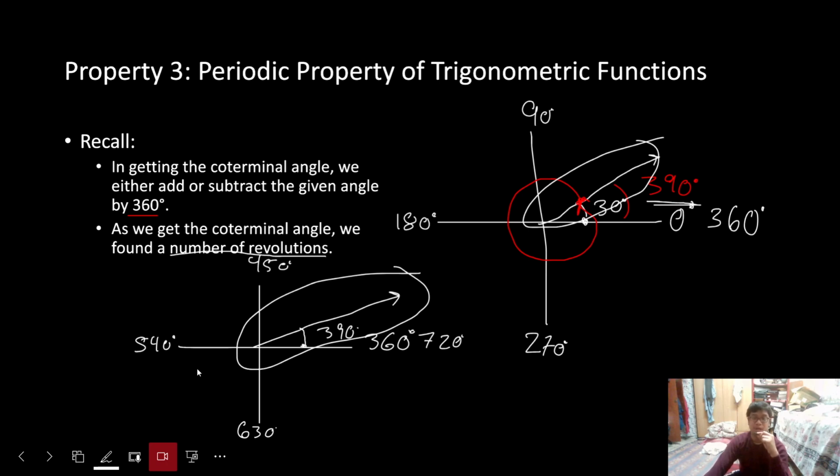So if we want to find the coterminal angle of a given angle, we can find the number of revolutions it takes. For instance, we have 30 degrees, then 390 degrees. To achieve 390 degrees, all we need to do is add 360 degrees, and as you can see, we've reached the second revolution. That's basically a brief summary about coterminal angles.